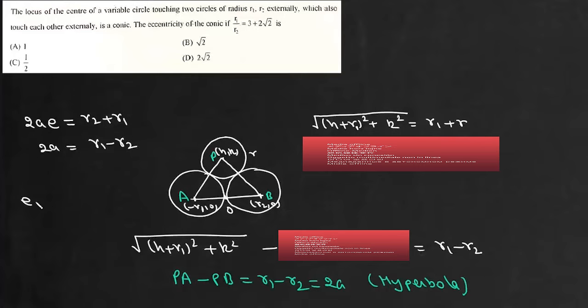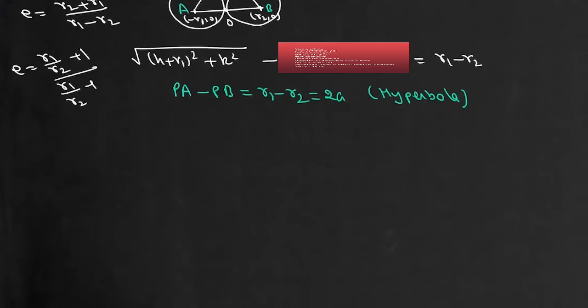So this eccentricity E will be r2 plus r1 upon r1 minus r2, and if we divide everything by r2, we get E as r1 upon r2 plus 1 upon r1 upon r2 minus 1. Now r1 upon r2 is 3 plus 2 root 2. So this eccentricity will be 3 plus 2 root 2 plus 1, and here 3 plus 2 root 2 minus 1.